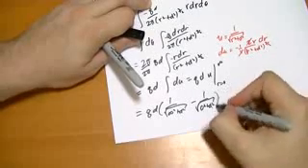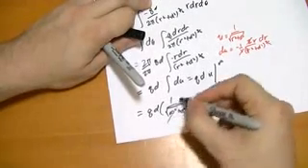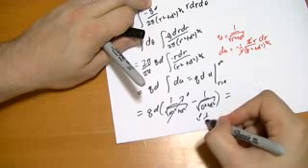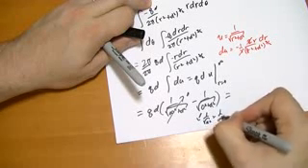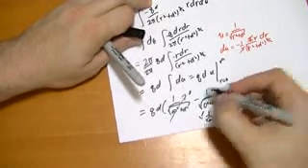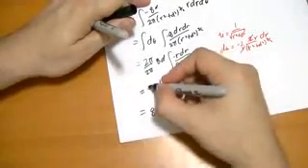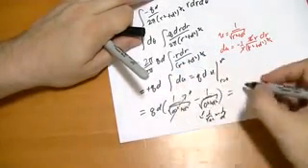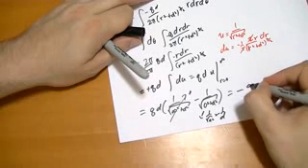As you can see, the first goes to 0, and the second goes to 1 over the square root of d squared, which equals 1 over d. So we get QD, and this negative sign goes up here, so it's negative Q.